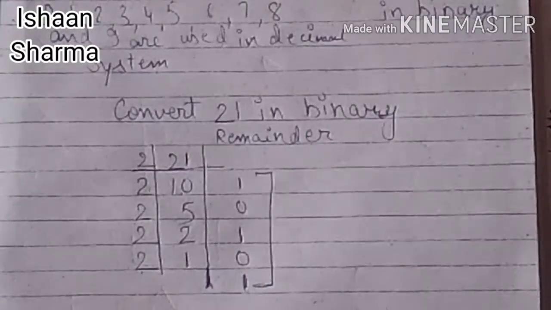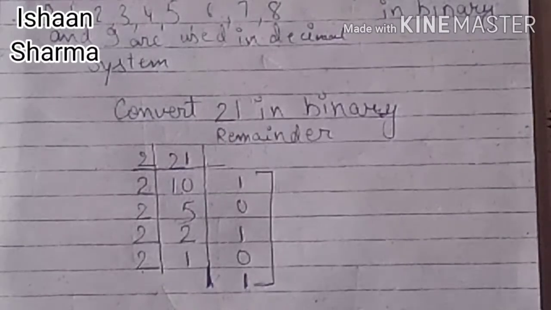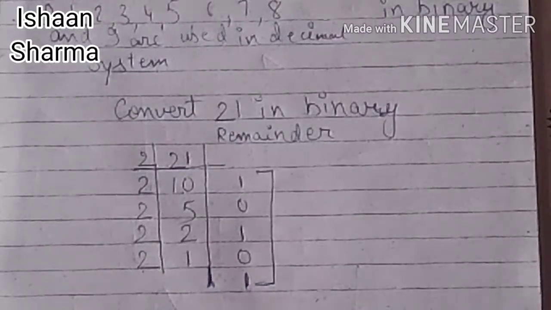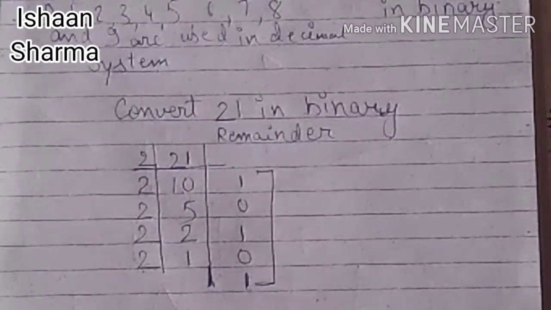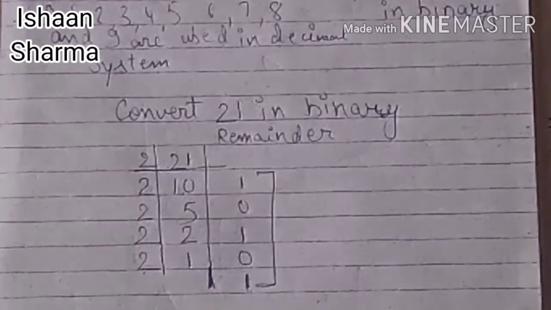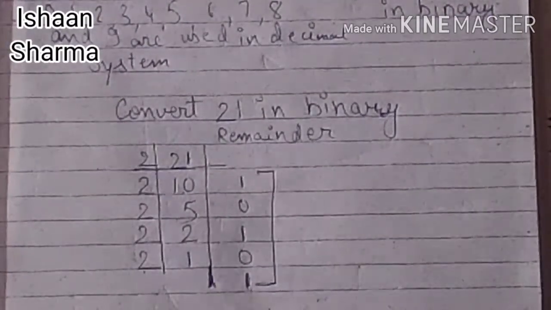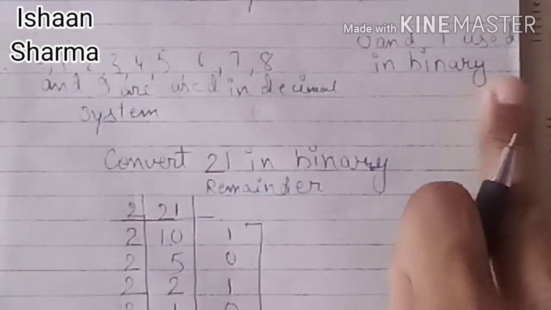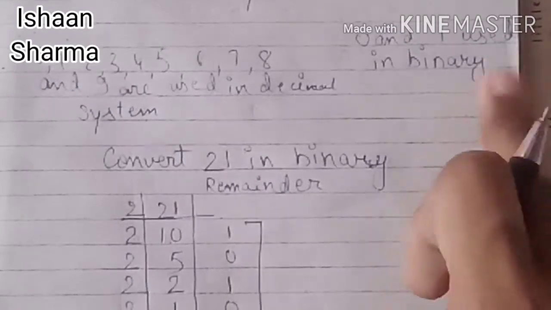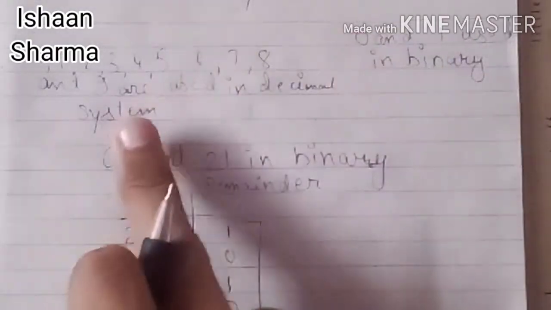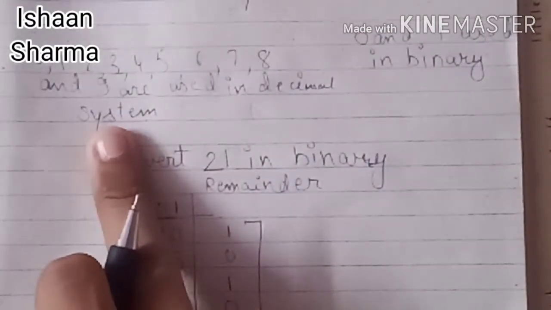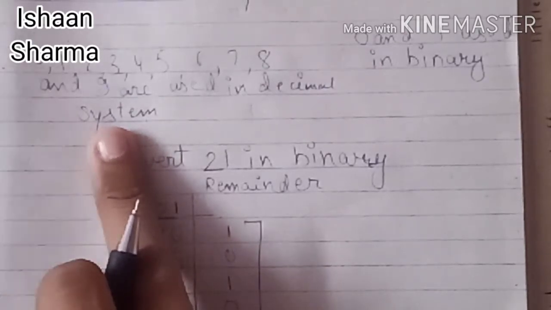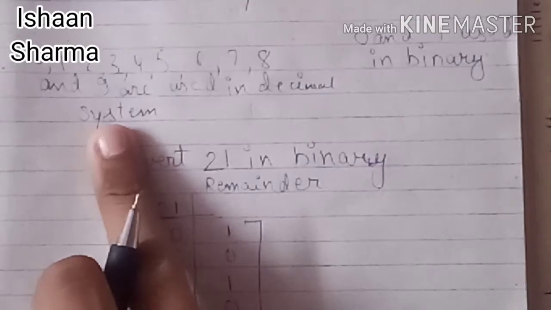Since the base and radix of 0 and 1 is 2, because only two symbols are used in binary, we can write it with base 2. And in the decimal system there are 10 digits used, so its base and radix is 10.